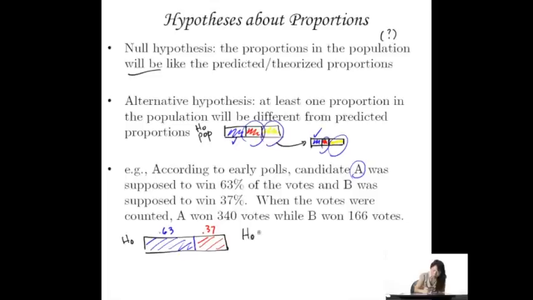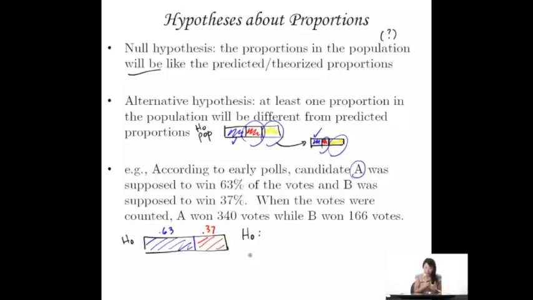Well, our null hypothesis would be that the proportions in my unknown population will have the same proportions as our predicted population, right?